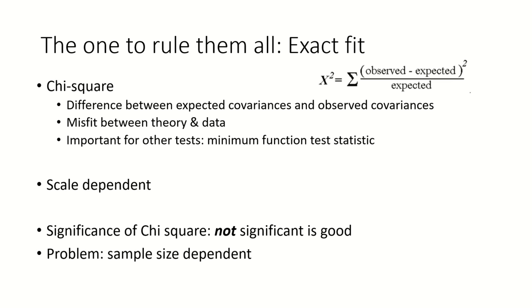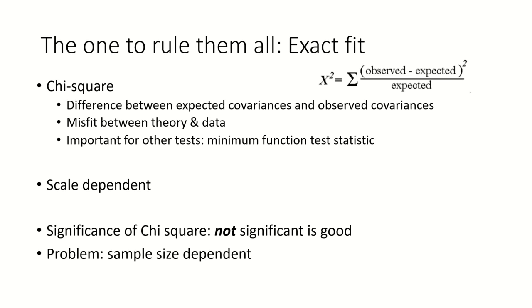Chi-square basically tests the deviations between what we would expect in terms of covariances based on our model and the observed covariances, right? So we have our data, all our measured variables, and so we can compute all the covariances between all the individual items.